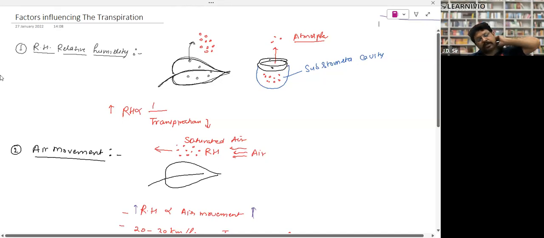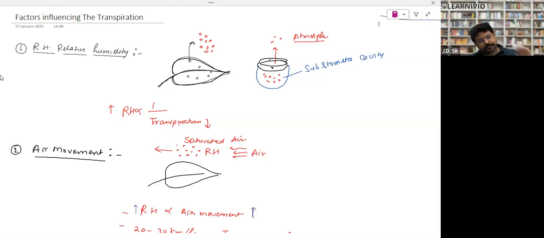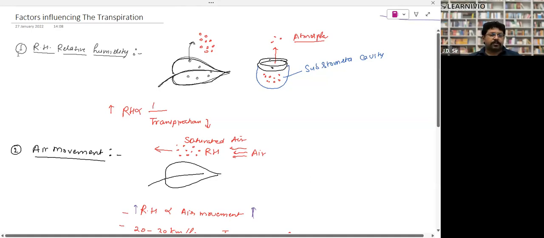Put the heading: factors influencing transpiration. First, RH, that is relative humidity. Keep on noting down.